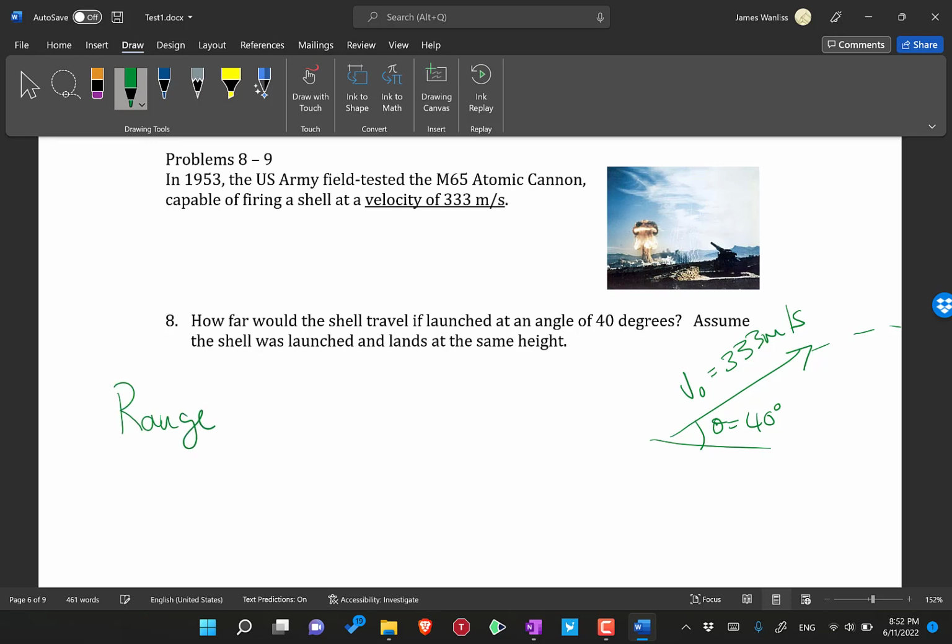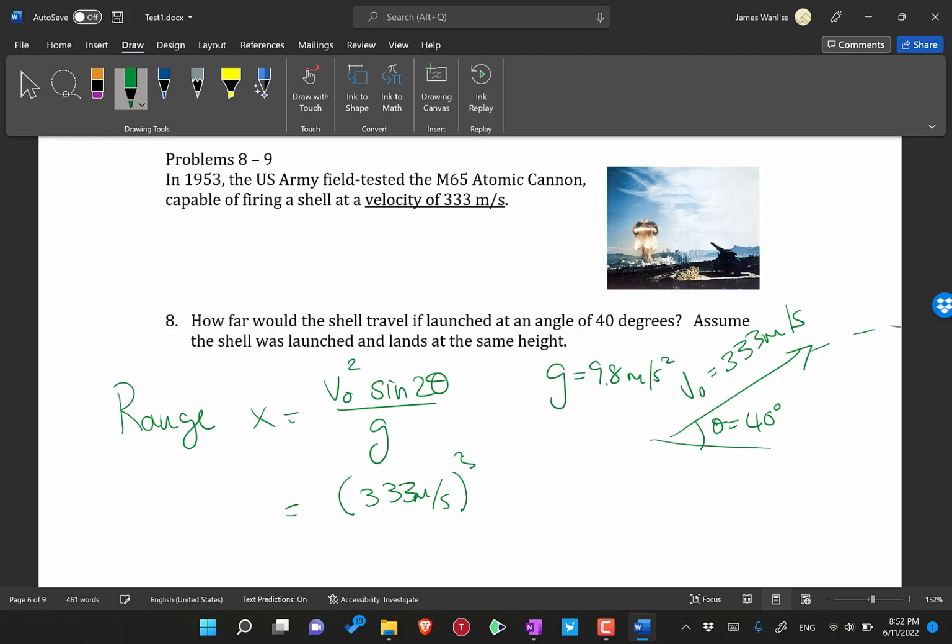The range x is equal to v naught squared sine of 2 theta divided by the acceleration due to gravity. So we have everything we need, because of course we know that g is 9.81 meters per second squared. So we can put all the numbers in, 333 meters per second. Always put your units in.